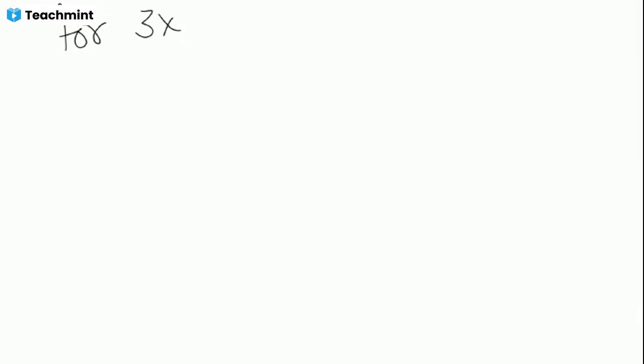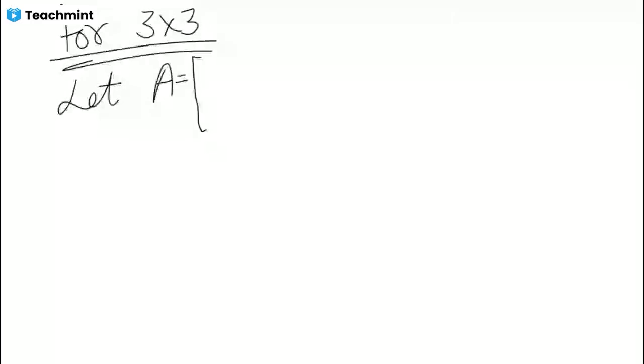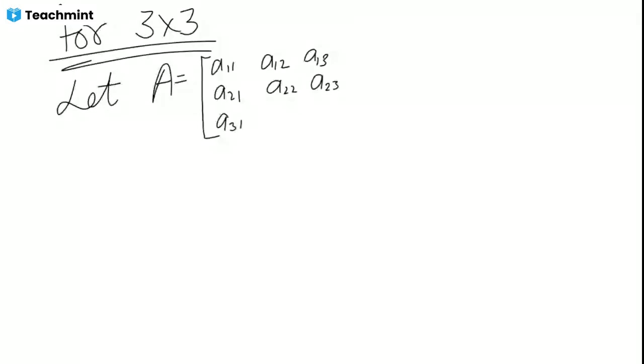For 3 by 3 order, let the standard form have elements A11, A12, A13, A21, A22, A23, A31, A32, A33.